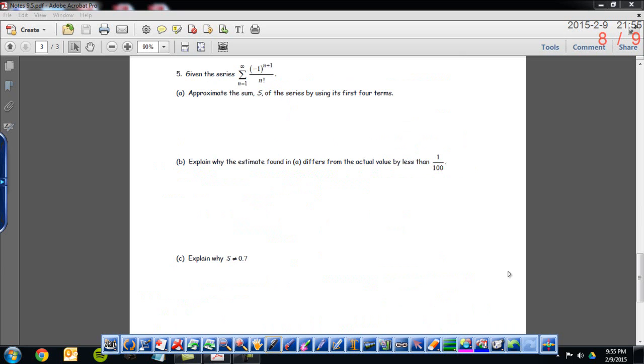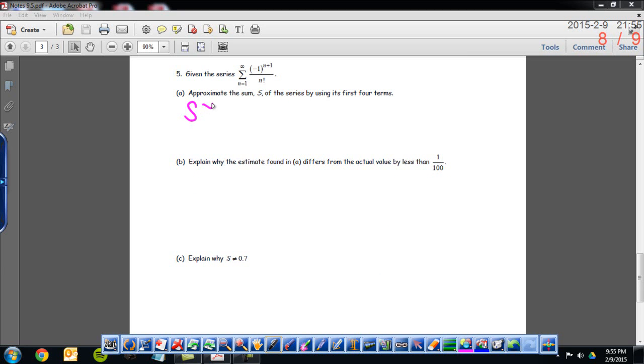Okay, last example. So we've got the series n equals 1 to infinity of -1 to the n plus 1 over n factorial. Part A, approximate the sum s of the series by using its first 4 terms. Okay, so remember s is the full sum, the sum of the infinite series, all the terms.